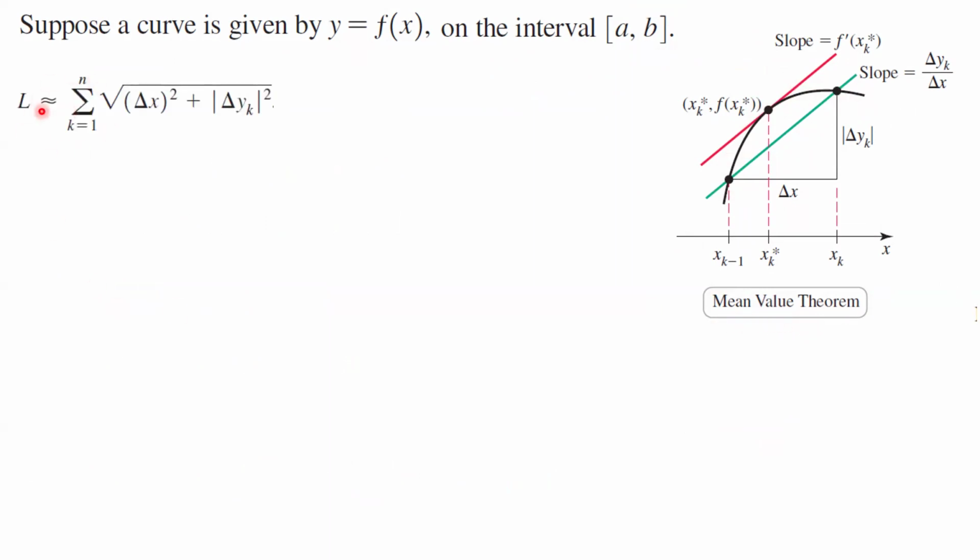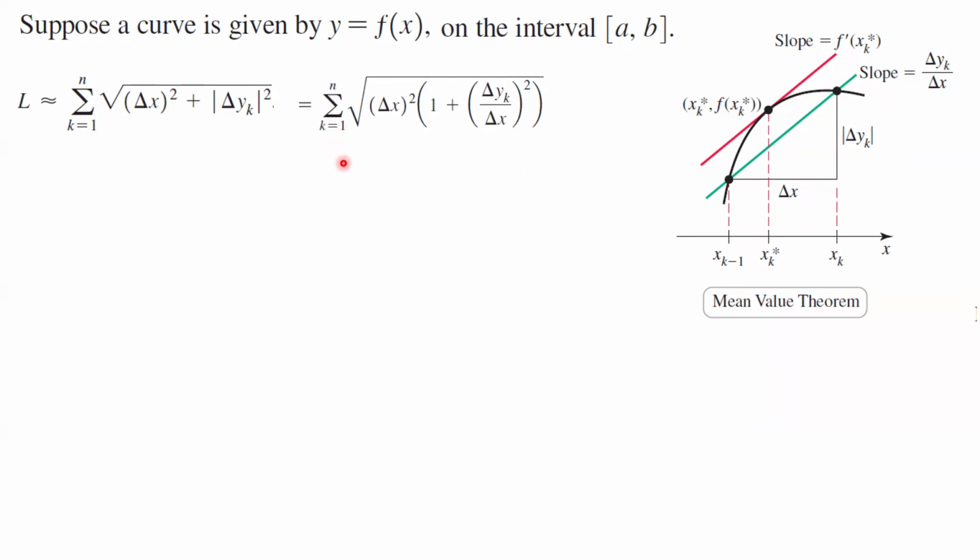And L, as we saw before, is the summation of the square root of delta x squared plus delta y squared. Using the Pythagorean theorem, this length here is delta x squared plus delta y squared, and then take the square root.